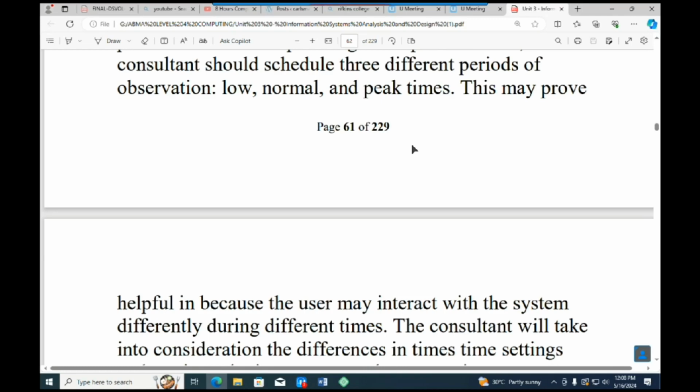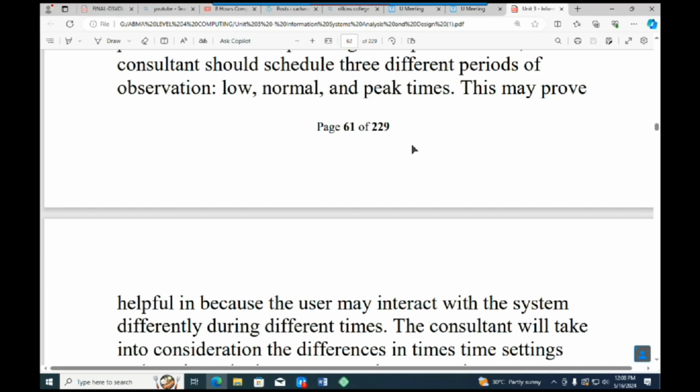There are times when the customers are low in numbers, and there are times when the numbers are normal. There are times when the numbers are at the peak. So you need to make sure you observe in all those times, to improve the understanding of how the user interacts with the system based on the different times.